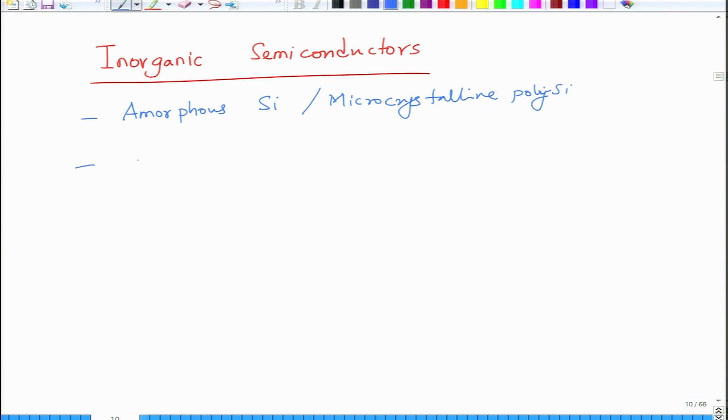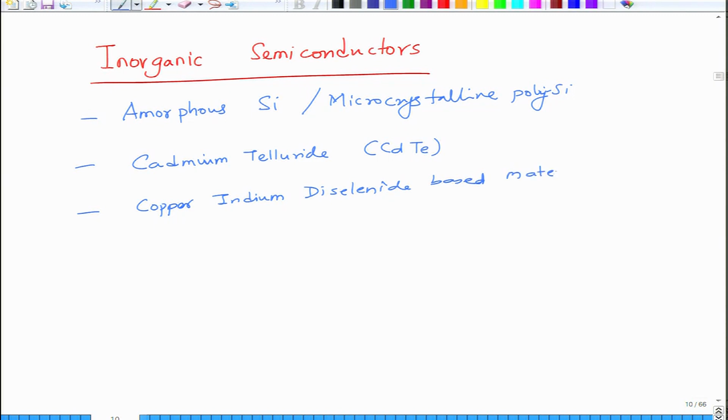Then we also have cadmium telluride, which is called CdTe, and then we have copper indium diselenide based materials and devices, which is basically Cu indium Se2, and if you dope it with gallium, then copper indium gallium selenide, and this is mainly done to basically change the band gap.